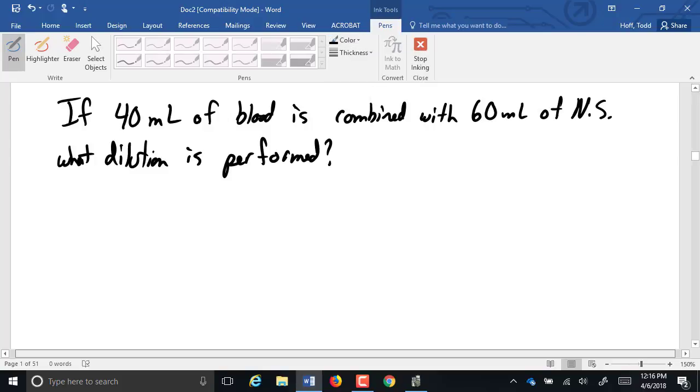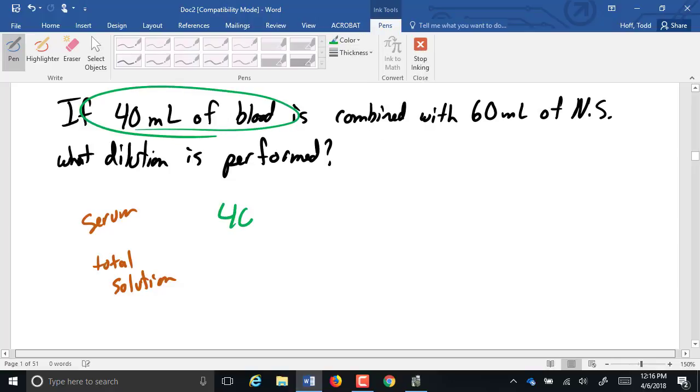Remember, a dilution again is part serum over parts total solution. In this case, the blood is our serum. That is 40 milliliters. I'm including the units on there just to make sure they're the same and make sure they cancel out. Our total solution is not 60 milliliters.